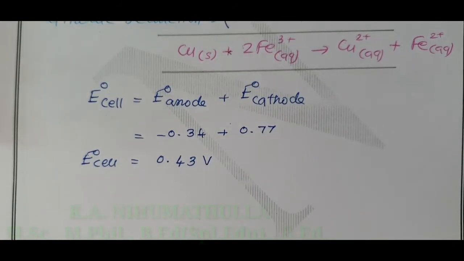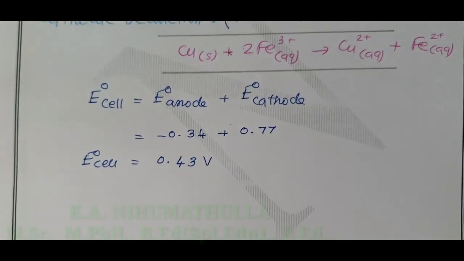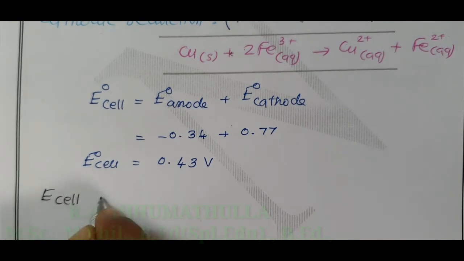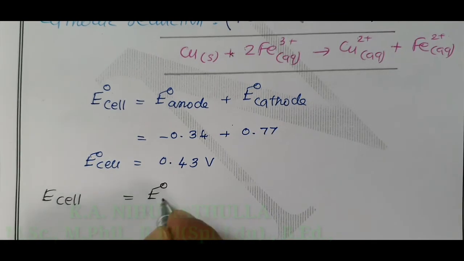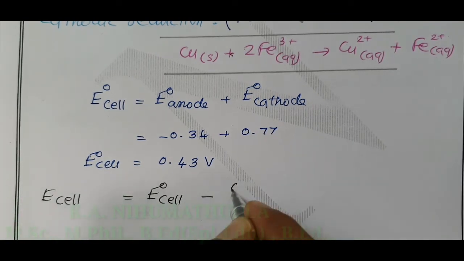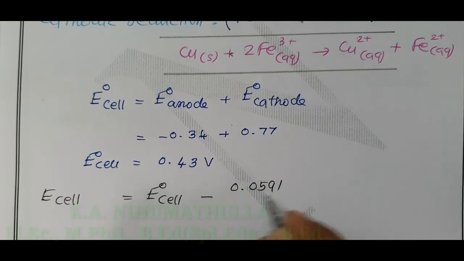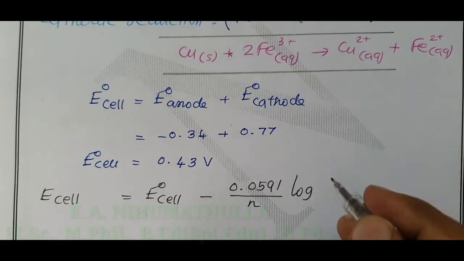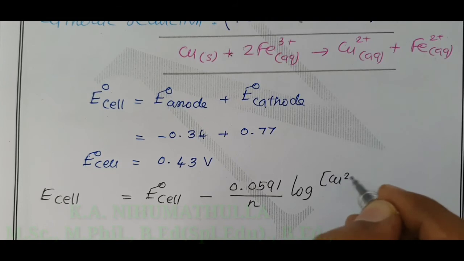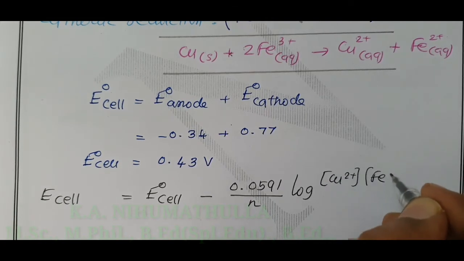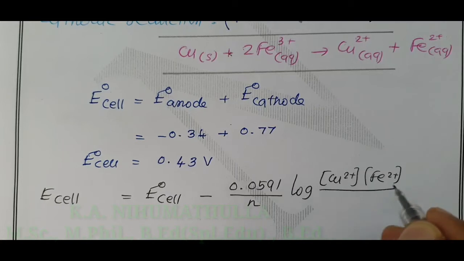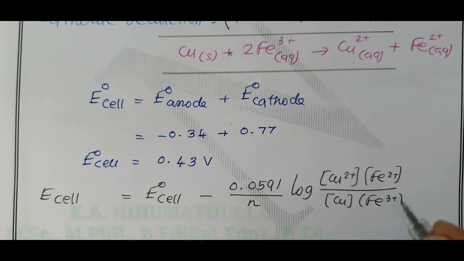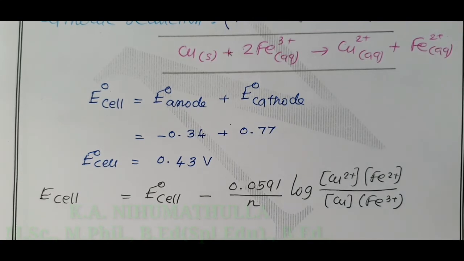Now, I write the Nernst equation for this overall redox reaction. We know E cell equals E0 cell minus 0.0591 divided by n, times log of the concentration of products, concentration of Cu2+ into concentration of Fe2+, divided by the concentration of the reactants, copper and Fe3+ squared.